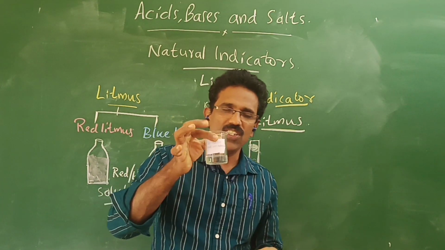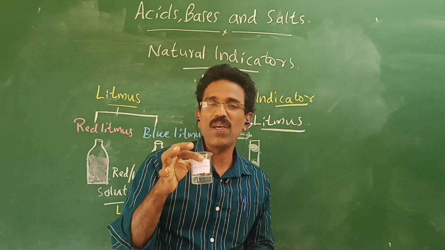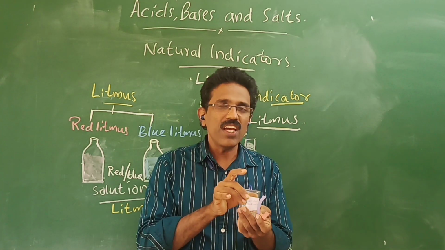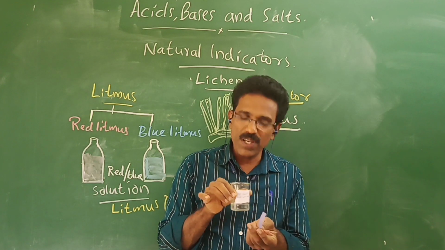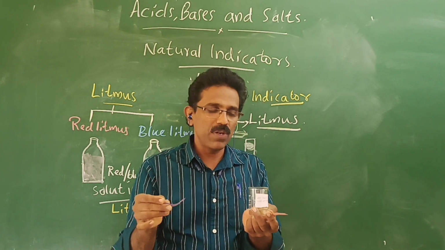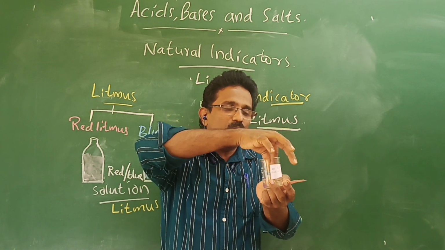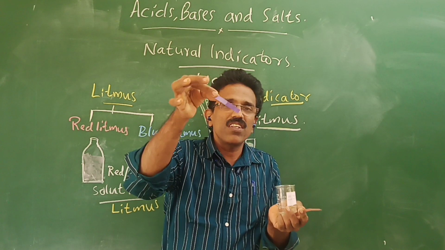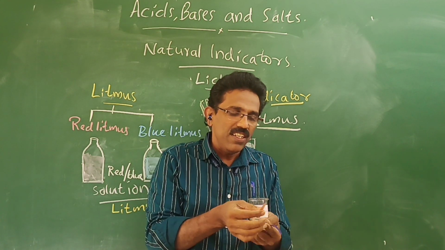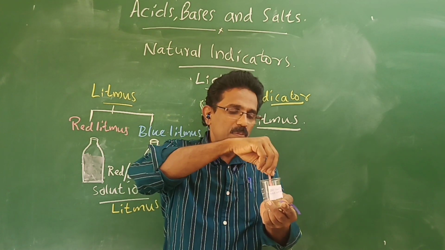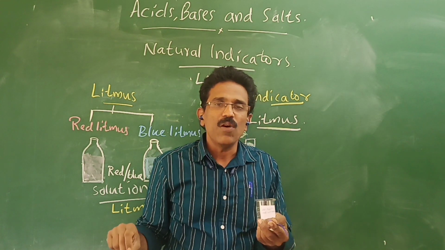We have discussed sodium hydroxide. It is used to make soap, isn't it? We can test whether sodium hydroxide is an acid or a base by using litmus paper. First we take blue litmus paper. Let us dip blue litmus paper in sodium hydroxide. See, it remains blue. Now we test it with red litmus paper. See, red litmus paper turned blue.